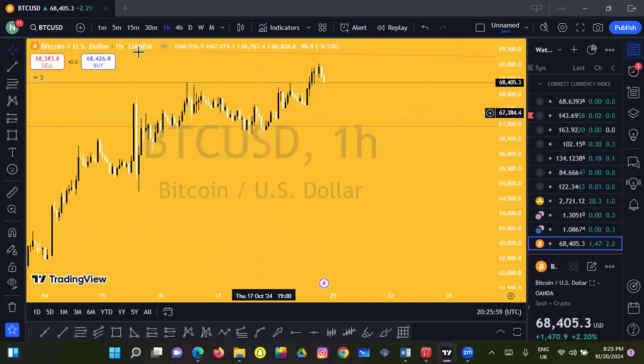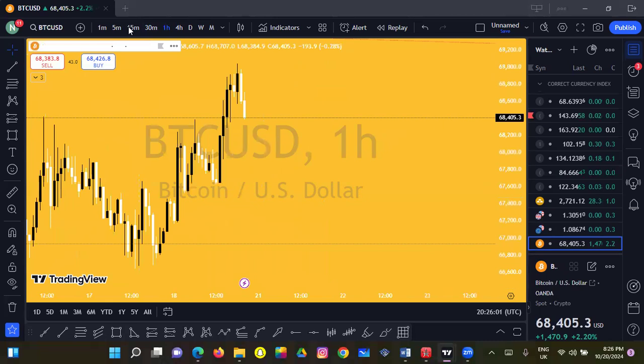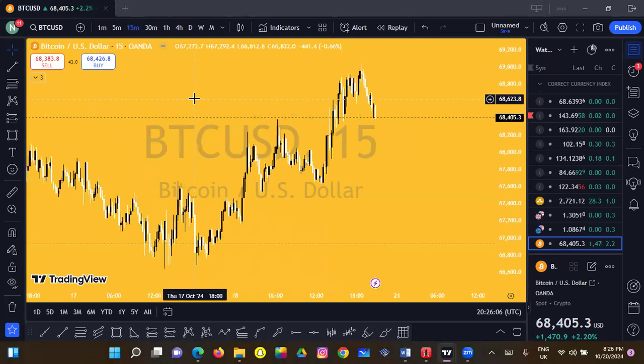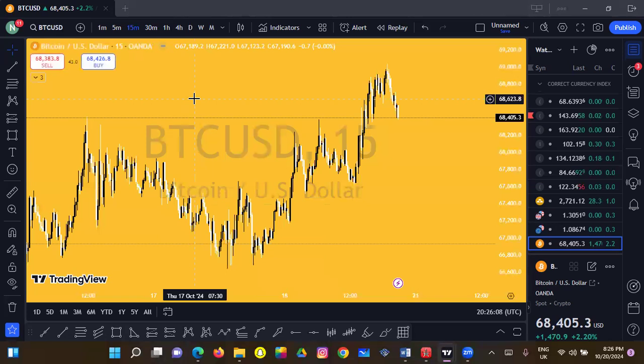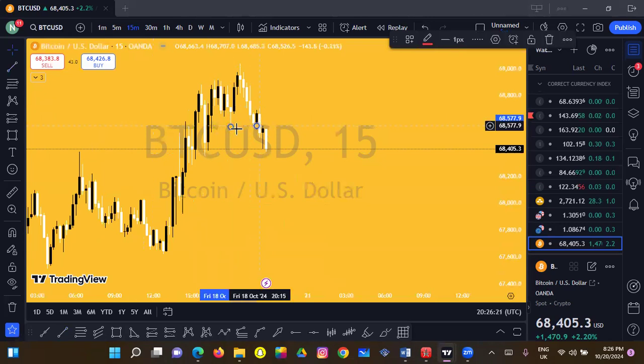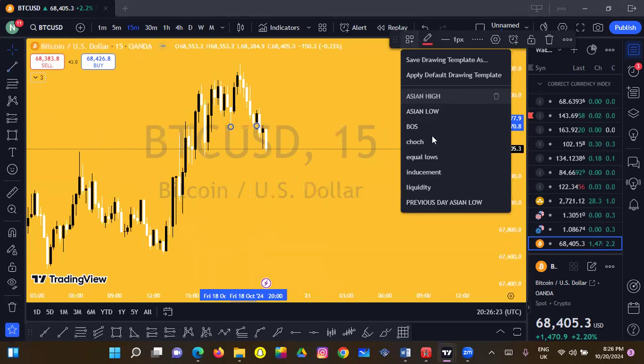Let's check 1 hour. Market is still bullish on the 1 hour time frame. 15 minutes for possible entry points. All right, so pull back, look up structure, pull back. Currently market is slightly bearish on the 15 minutes time frame, and this is more or less like a little change of character.